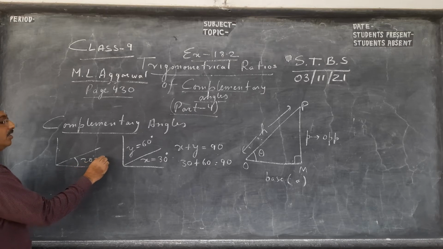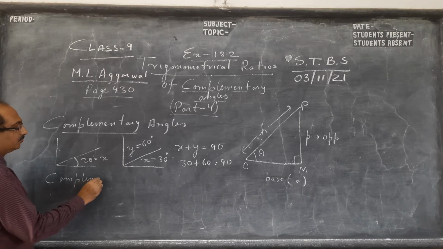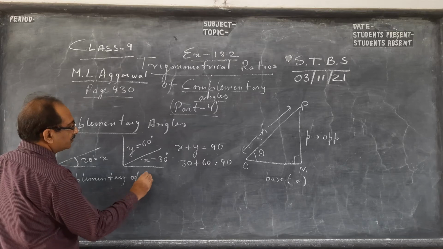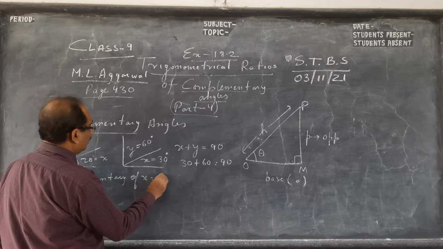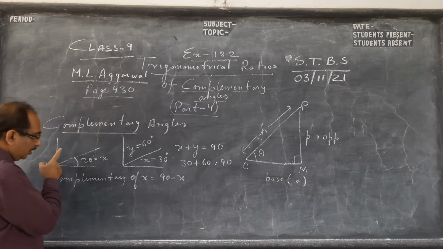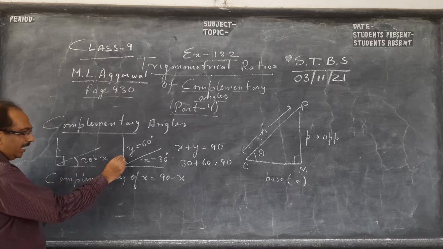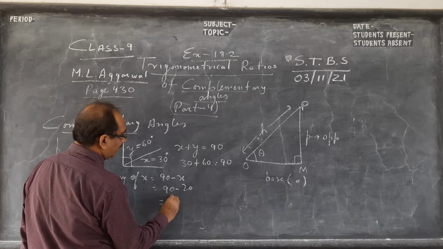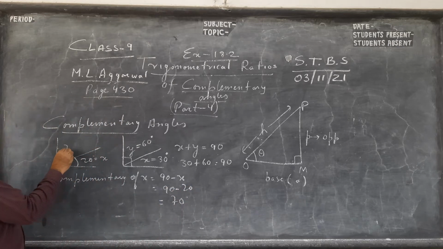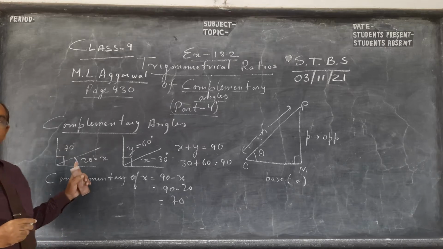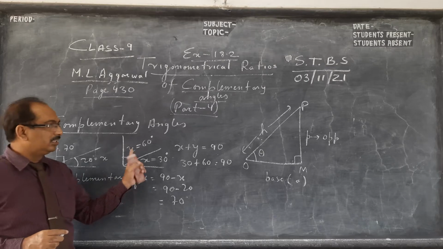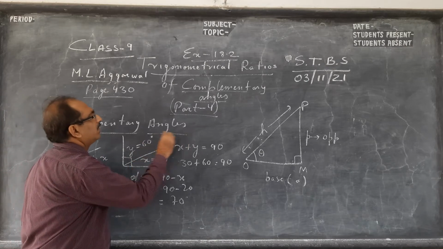So if the given angle is x, then the complementary of x will be 90 minus x. You subtract x from 90. So we get 70 degrees. So very simple common sense, children. If this is x, this is 70, together they are 90. If this is 30, this is 60. So this you have done, complementary angles.